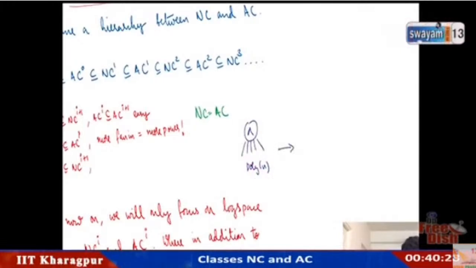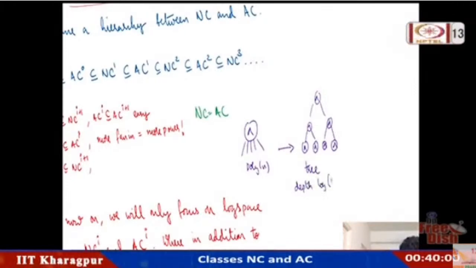We could replace that with a tree of fan-in 2 gates, which will actually be computing the AND again, right? And what would be the depth of this tree? The depth of this tree will be logarithmic of polynomial n, which will actually be of order log n, because polynomial n is upper bounded by some n power k, so it is just k log n.